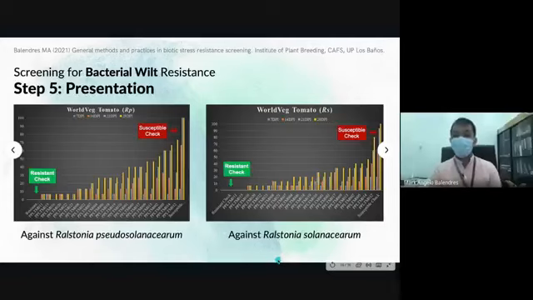With the second Ralstonia species' resistance, we also found several lines, and what we wanted to do here is to pick the ones that are resistant to both bacteria. You see that TM011 and TM015 are our candidate lines. There's a bit of incidence here for TM011 and 015, but not really significant compared to those lines with high incidence or high disease index.